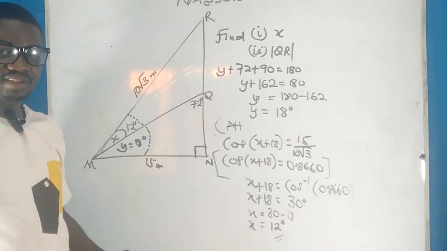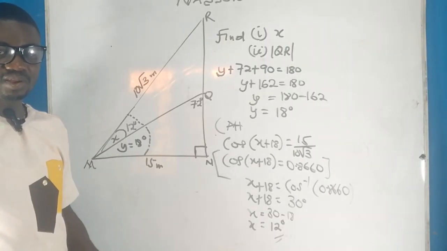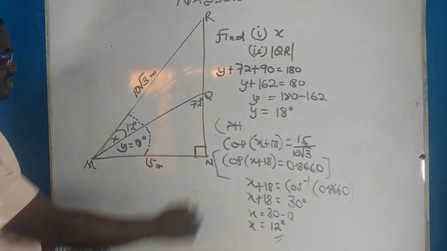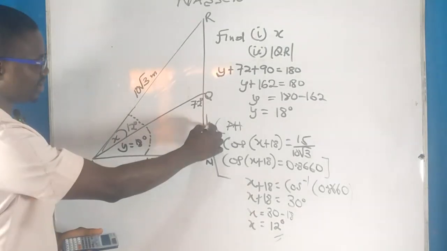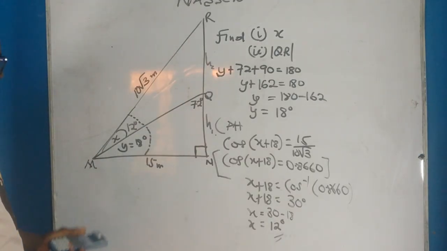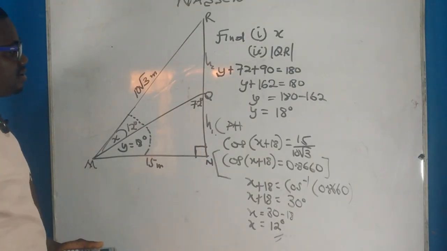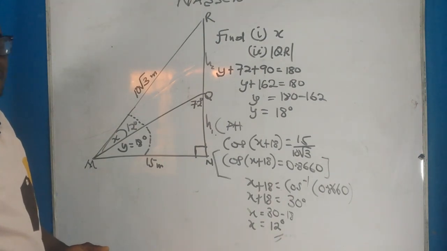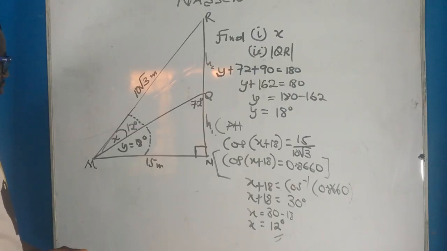So please, you see, this is very, very simple in order to solve this question. Now let's look at this side. Let's name this side to be h1 and here to be h2. So in that case, we can find this side so that when we are done, we find the major height of the bigger triangle.